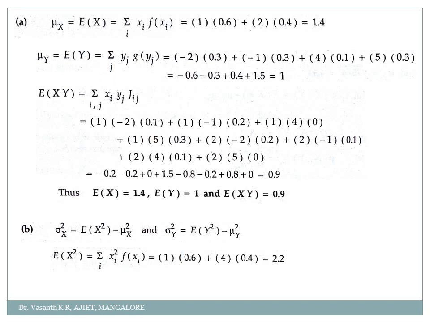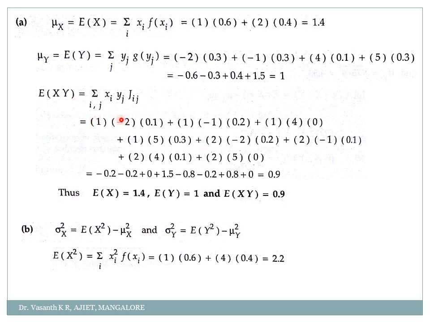So expectation of x is summation xi into f of xi, as I said in the previous slide. So it is 1 into 0.6 plus 2 into 0.4, that is 1.4. Expectation of y is yj into g of yj. So minus 2 into 0.3 plus minus 1 into 0.3, and so on, that I will get as 1. Expectation of xy, as I said, you have to multiply the entire table.